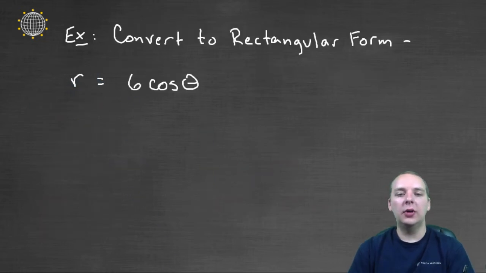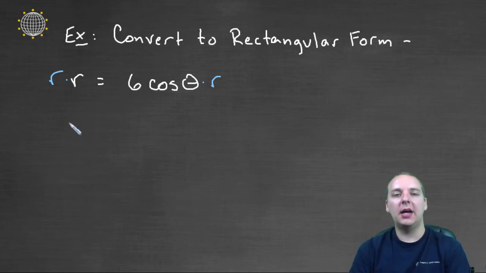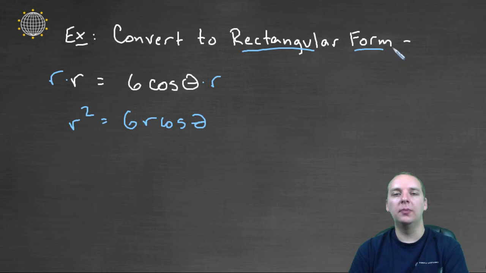Well, this is a little trick, and hopefully you can implement it after you see me do it once or twice. If you need an r on the left hand side and the right hand side, make everybody happy and give both sides an r. Then the left side becomes r squared and the right side becomes 6r cosine theta, and everybody's happy because now you can convert both of these into rectangular form.